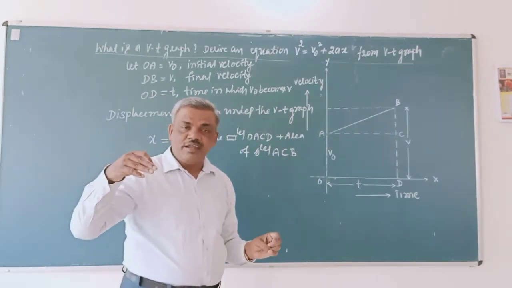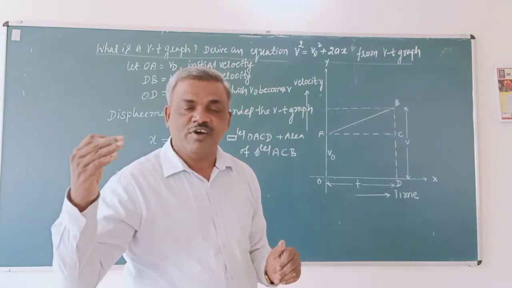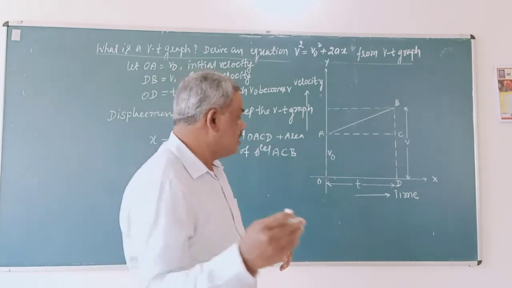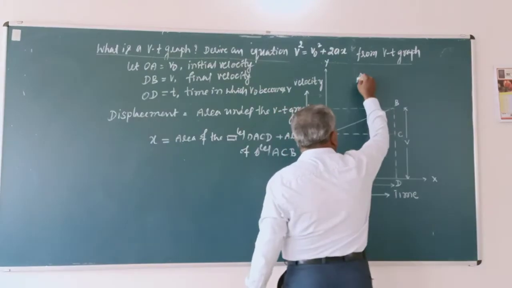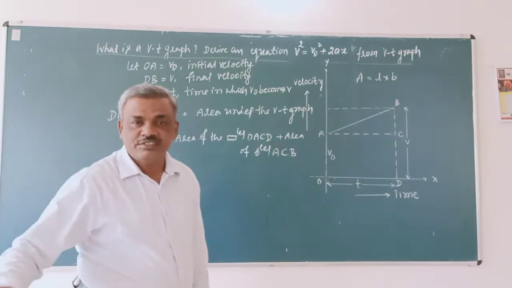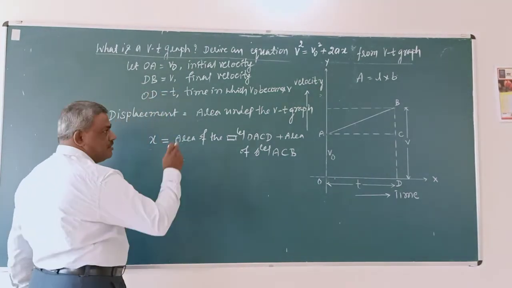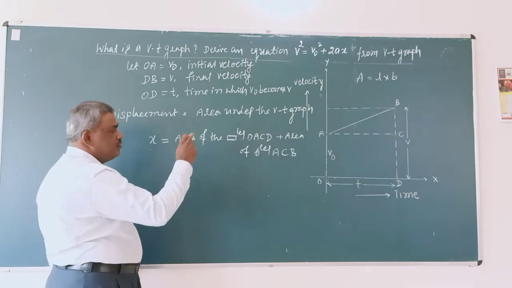How to calculate the area of a rectangle? In general, the formula is area equal to length into breadth. Area equal to L into B.